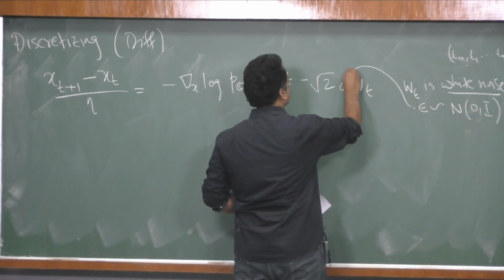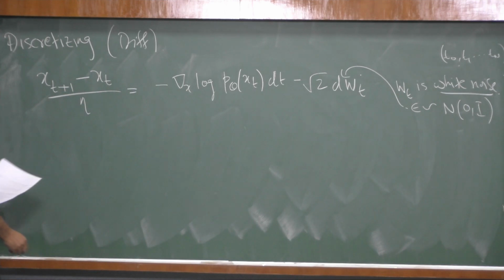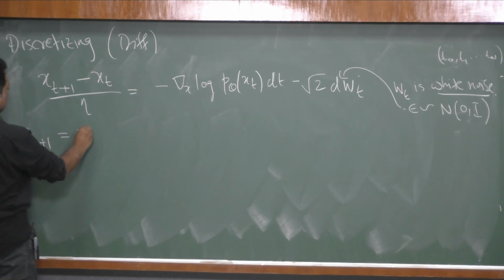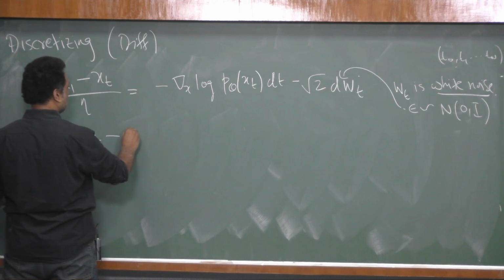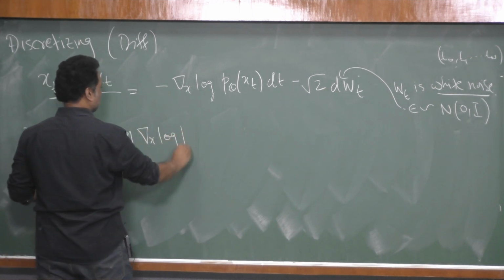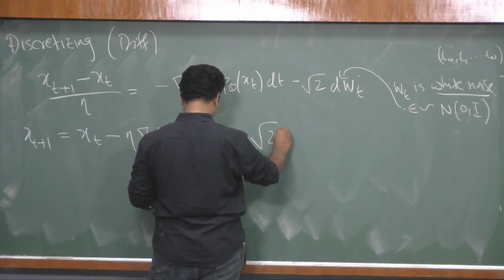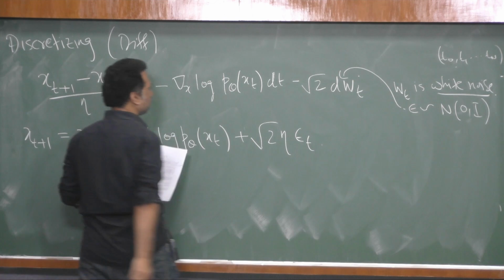So I will replace this by this guy here, and in the discrete case I have x_t, minus eta times the gradient term, plus square root of 2 eta epsilon_t.